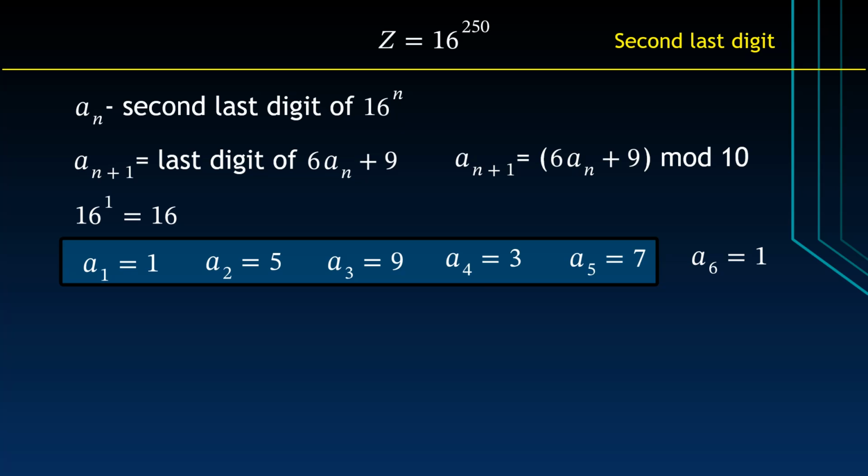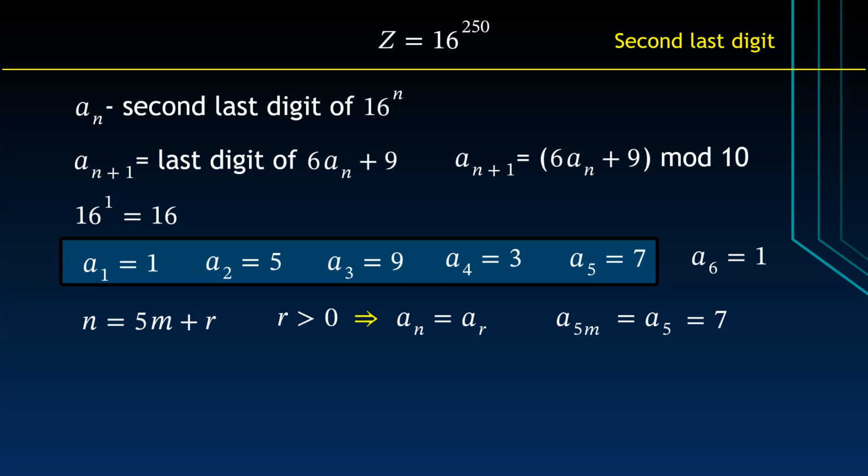In order to do that, we divide n by 5 and get the remainder. If the remainder r is positive, then an equals ar. But we don't have a0. Therefore, if n is a factor of 5, we just take a5, which is also a factor of 5. Since a5 is 7, all a's for a factor of 5 will be 7.